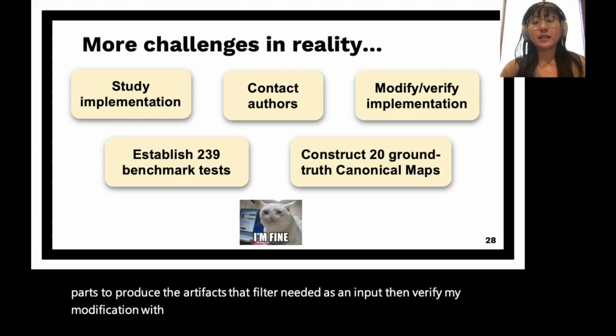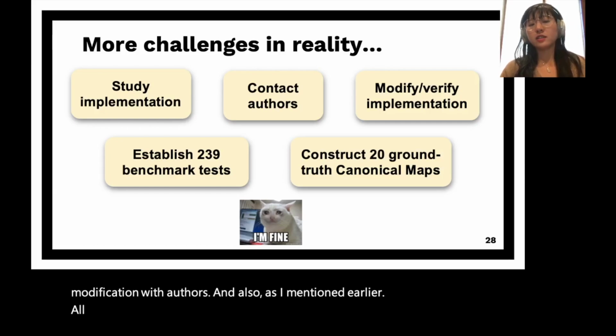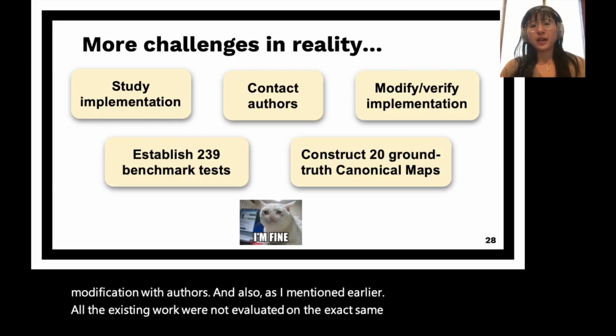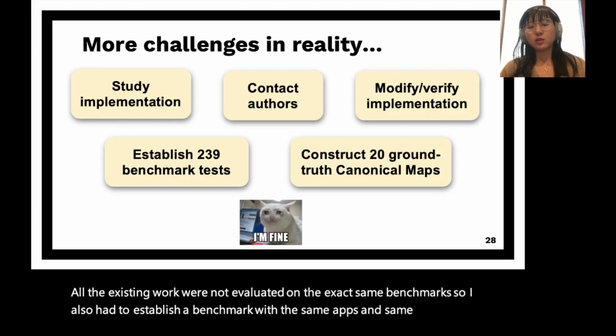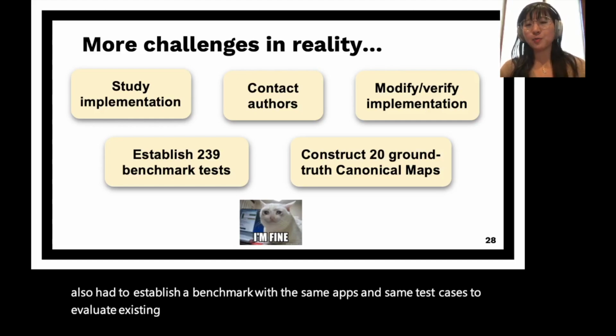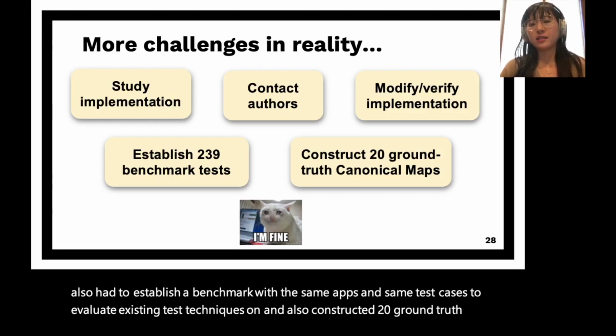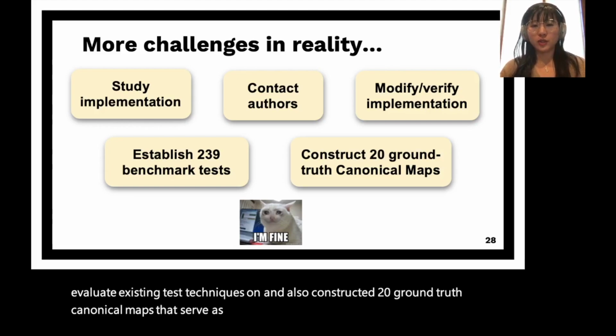And also, as I mentioned earlier, all the existing works were not evaluated on the exact same benchmarks. So I also had to establish a benchmark with the same apps and the same test cases to evaluate existing techniques on, and also constructed 20 canonical maps that serve as the ground truth for the GUI event mapping.